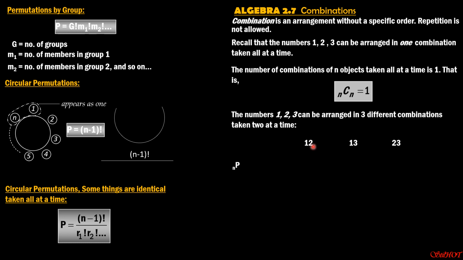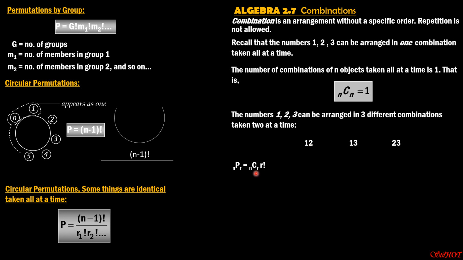They can interchange position. That's why nPr is nCr times r factorial. So that 2 there is 2 factorial, and 2 factorial is 2. In permutations, we have 12 and 2, 1. So that's why 12 can still be arranged in 2 factorial ways.